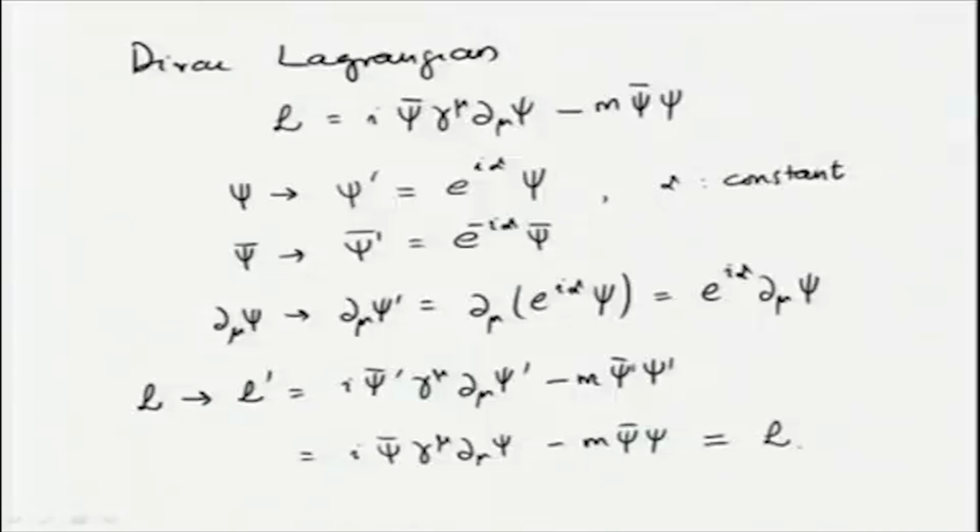So, we see that the Lagrangian that we have written down in the first line is invariant under the transformation of psi going to psi prime equal to exponential i alpha psi with alpha a constant. This transformation is called a gauge transformation, a global gauge transformation.